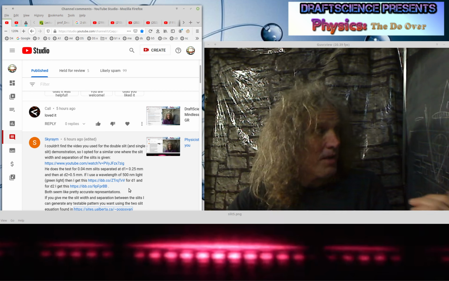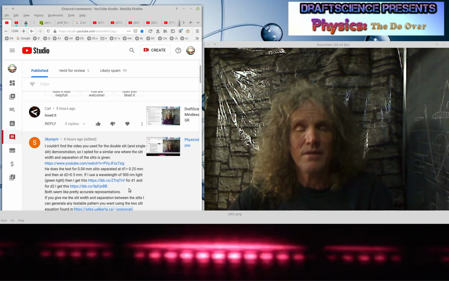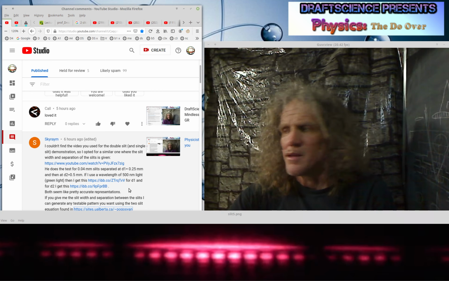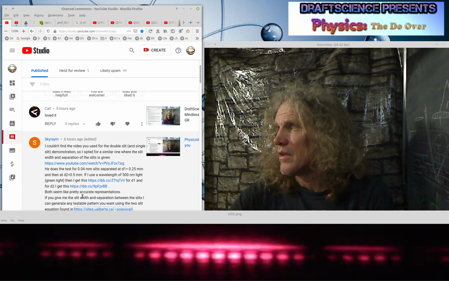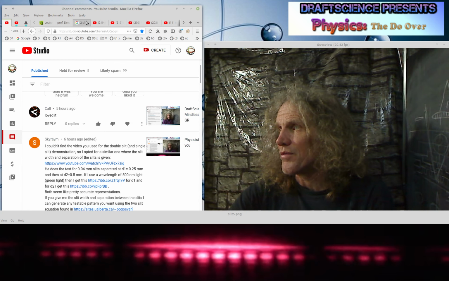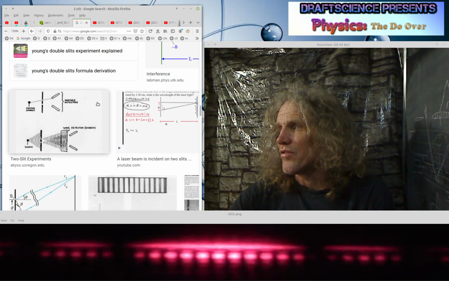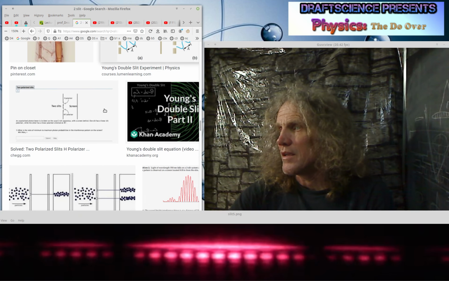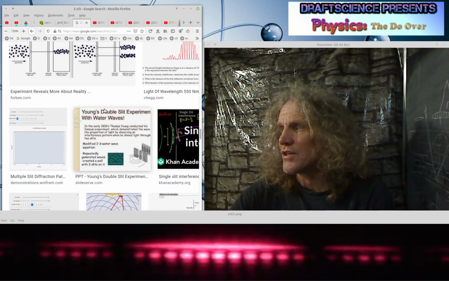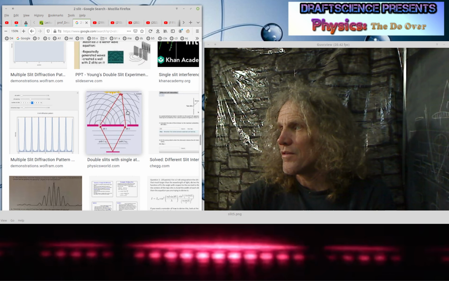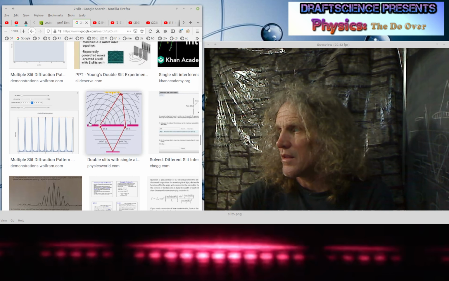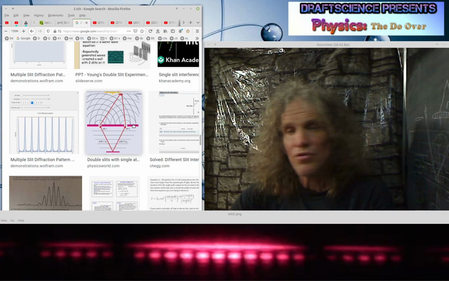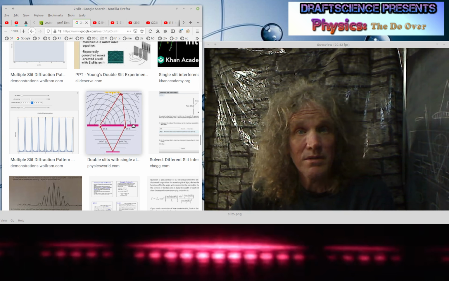The traditional math doesn't account for the real pattern. And if I go to Google, I could spend all day going through those images, and I'll never find a wave drawing that is accurate, that actually accounts for the double slit pattern. These two waves do not do it, and you know it.